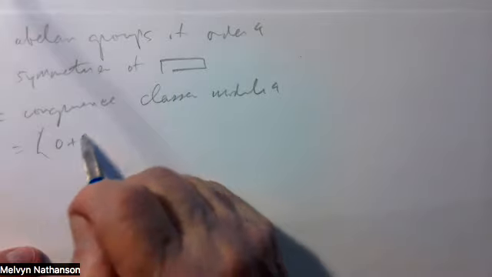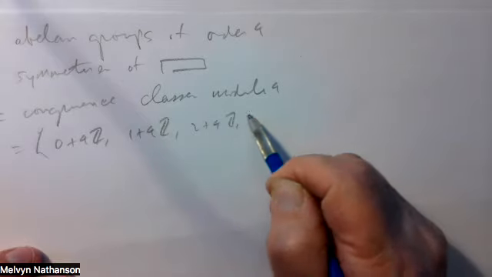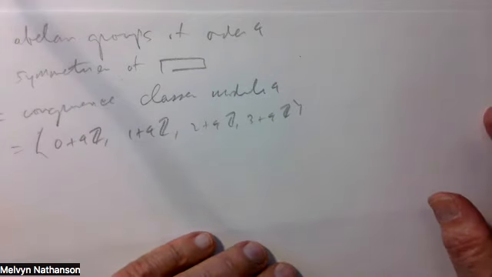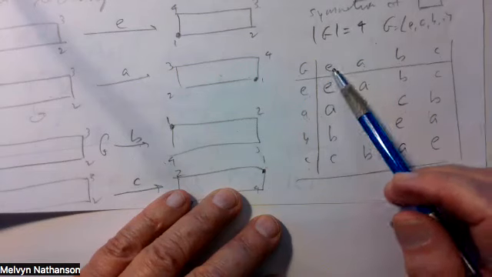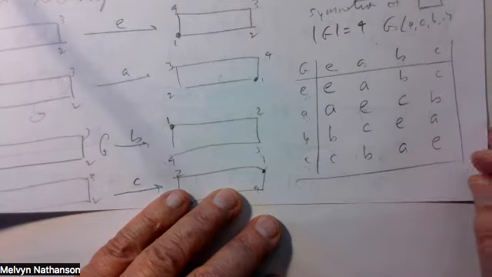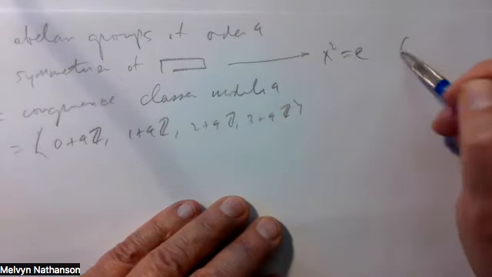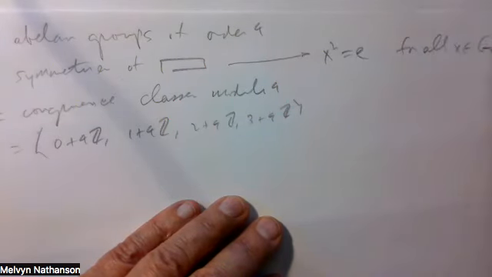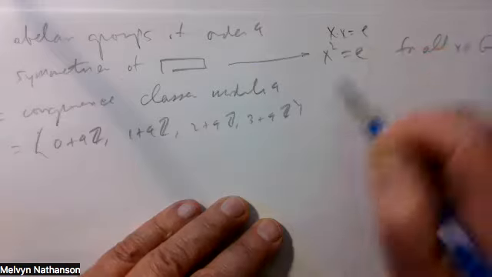So this is the group 0 plus 4Z, 1 plus 4Z, 2 plus 4Z, and 3 plus 4Z. Now, for the group G of symmetries of the rectangle, we saw that E times E is E, A times A is E, B times B is E, C times C is E. So this group has the property that X squared is the identity for every element X in this group G.